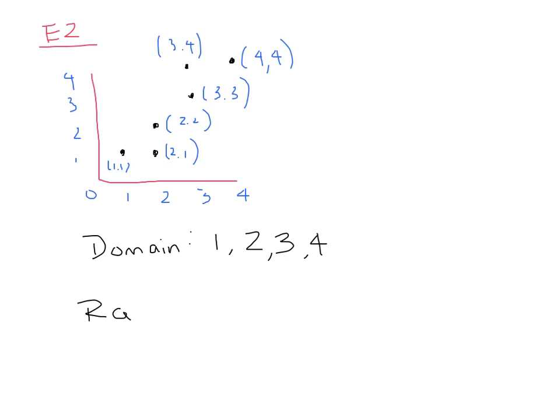Let's then identify our range. So I'm going to look at all these points. Now I'm going to look at the y value in all these points and figure out what the range of y values is. So we have a 1 starting off. We actually have 2 1s, right? But I'm only going to write it once, 1 here and 1 here. Then I see a 2. We have a y value of 2 right here, right?